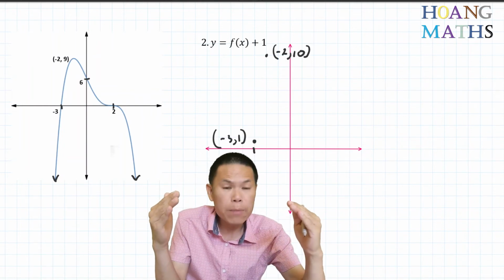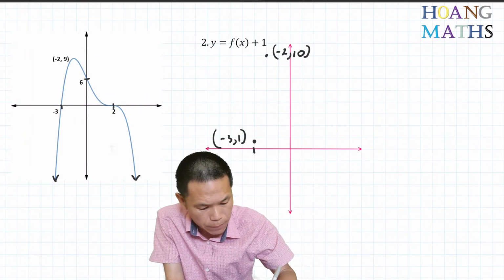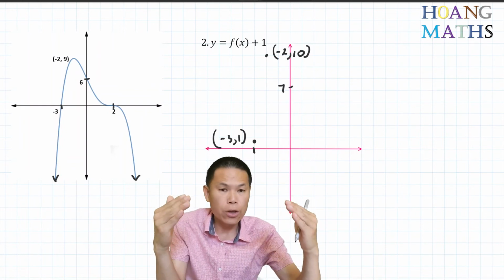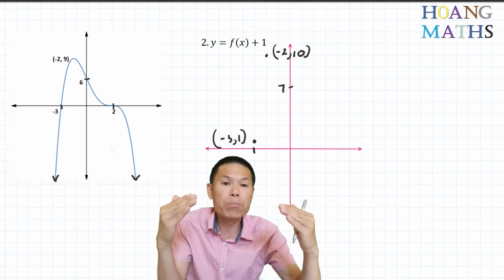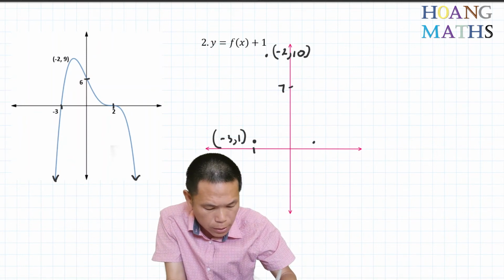And the y-intercept is at 6, so move 1 up, so it's 7. So it's roughly there, okay? The point of inflection moved 1 unit up, so I just write 2, 1.